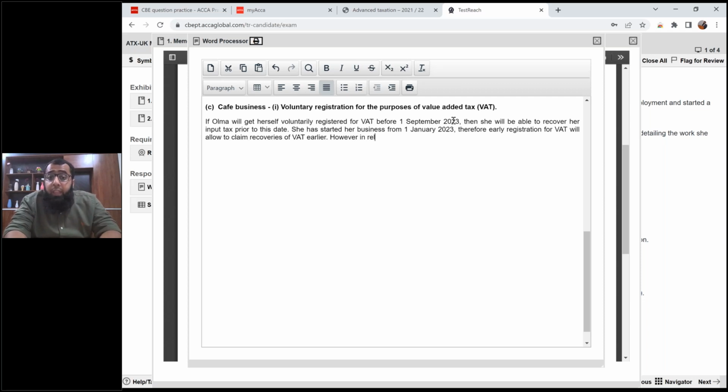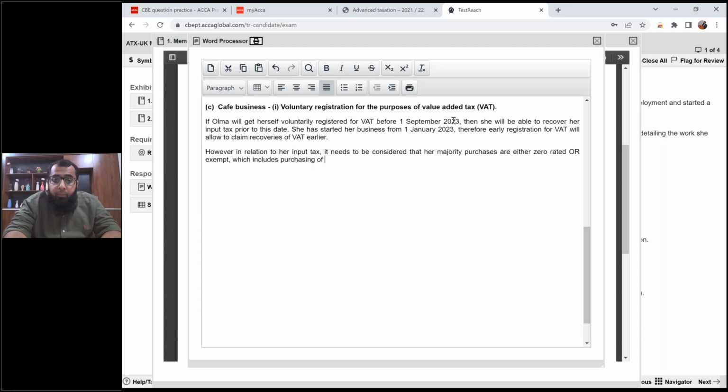However, in relation to her input tax, now here you have to make some arguments. In relation to her input tax, it needs to be considered that her majority purchases are either zero rated or exempt, which includes purchasing of food items and rent expense.